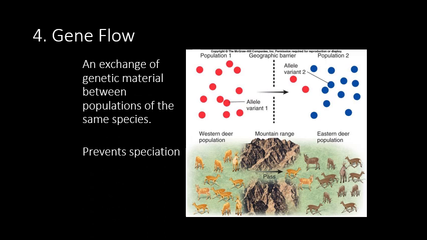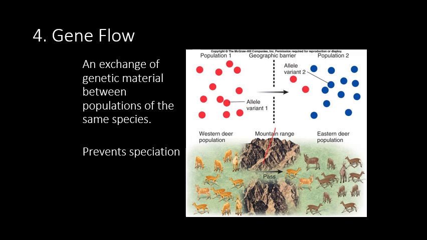So gene flow, we can define it as an exchange of genetic material between populations of the same species. And as I've pointed out, it prevents speciation. So here, looking at the image, if this mountain range wasn't here, it would be a geographic barrier, right?